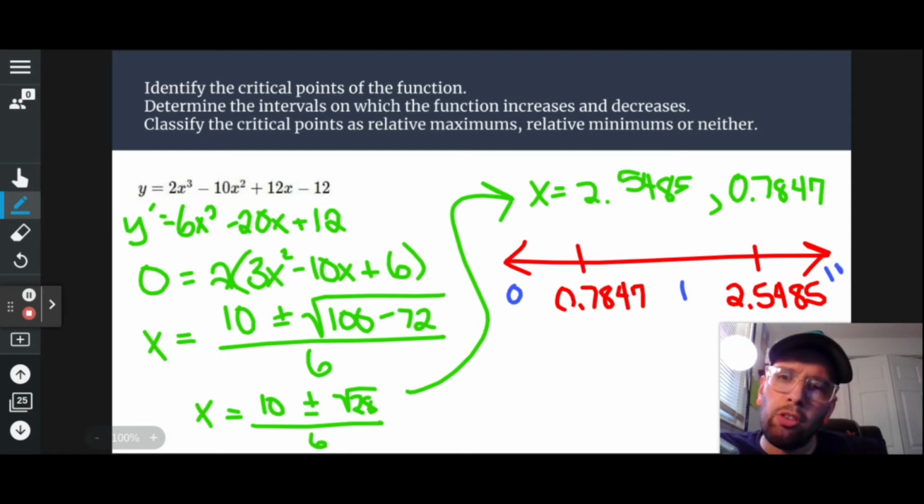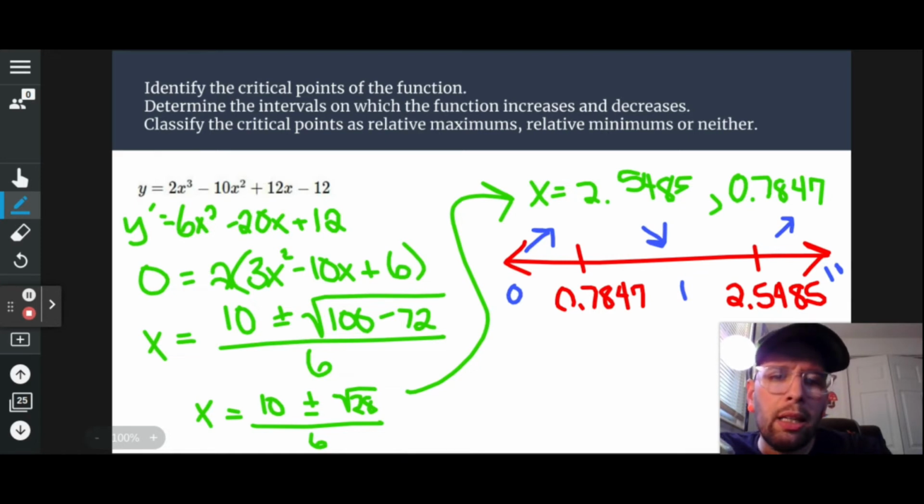If I plug 0 into the derivative, I get a positive. If I plug 1 into the derivative, I get 3 times 1 minus 10 plus 6, which is negative 1, so negative. And if I plug in 10, 3 times 100 minus 100 plus 6 is 206. All right, so things kind of acted nicely.